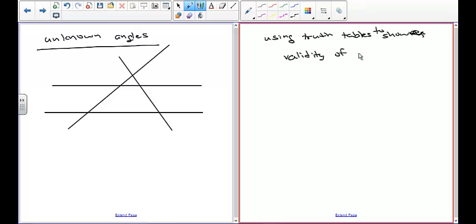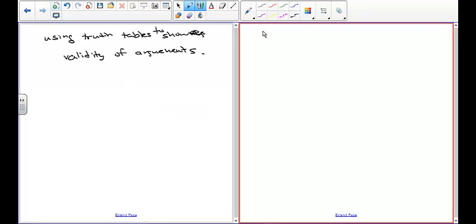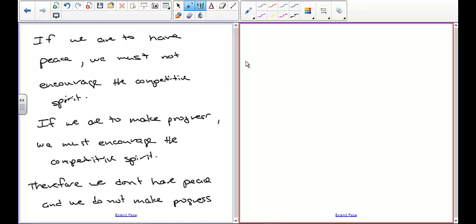Now I'm going to go into a little detail here because some of you guys just weren't paying attention. Okay, so here is an example of using truth tables to determine whether an argument is valid or not.